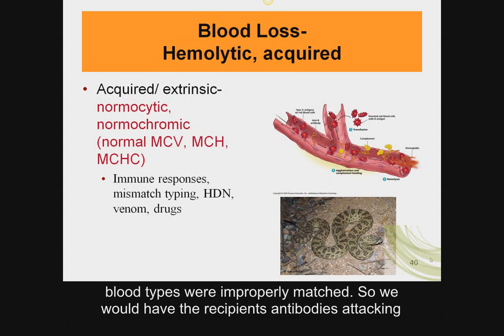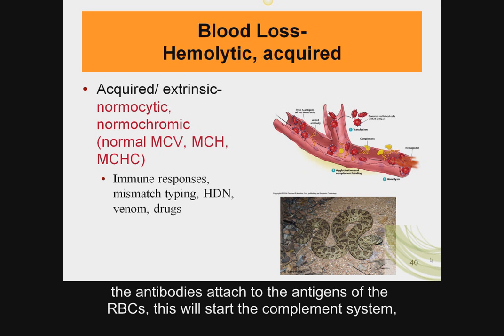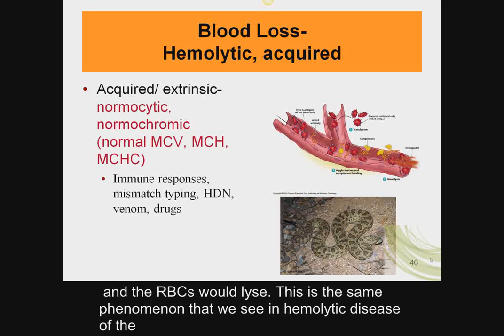So you would have the recipient's antibodies in that case attacking the donor's antigens on the red blood cells. That's what you're seeing in the top right picture. As the antibodies attach to the antigens of the red blood cells, this will start the complement system, and the red blood cells would lyse.